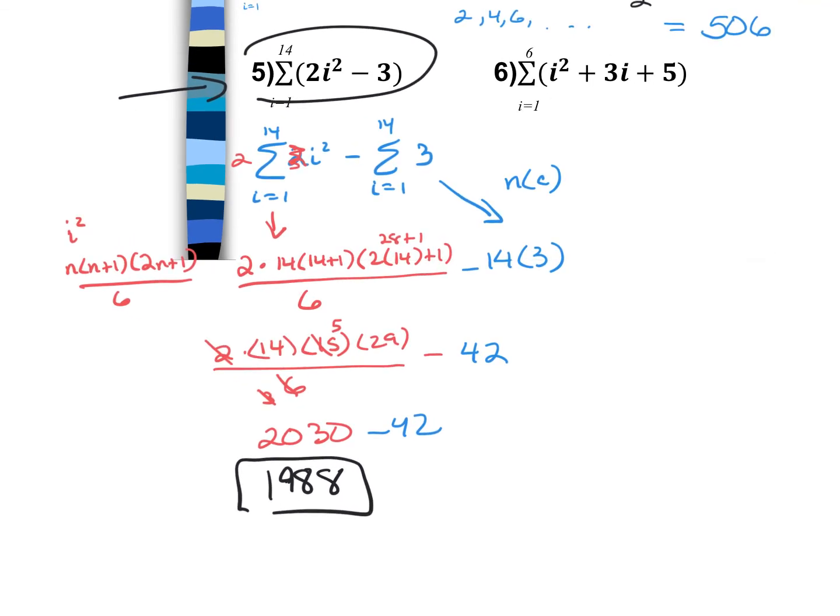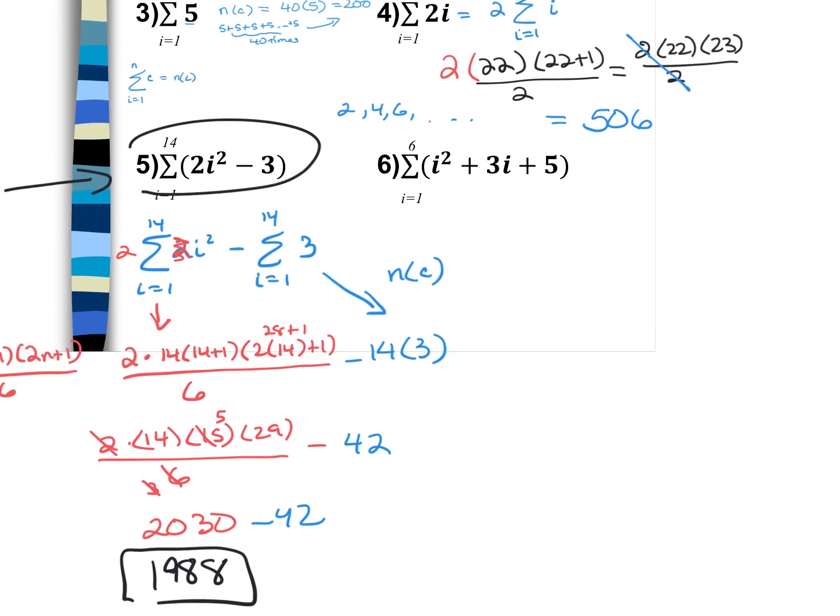I'm going to break it apart and give each one of the 3 terms its own summation notation. So I'm going to do summation notation with 6, and then i equals 1 for the i squared. Then I'm going to do it again for the middle term.